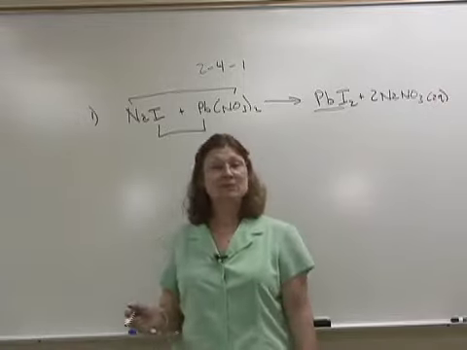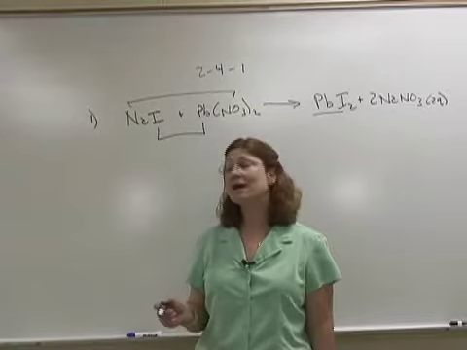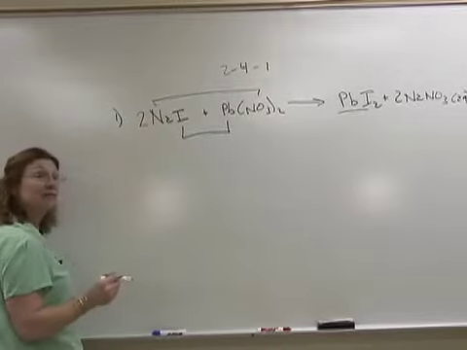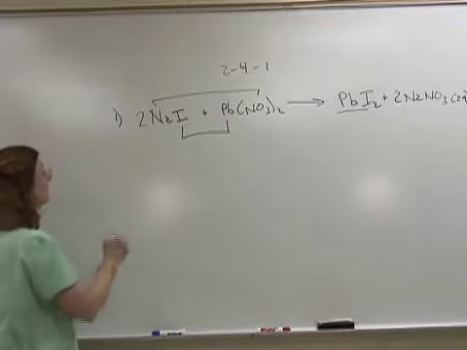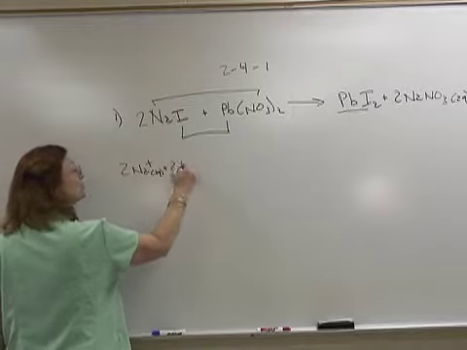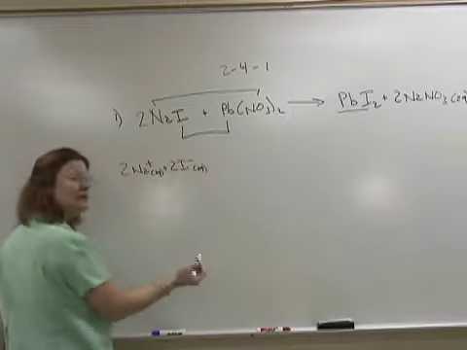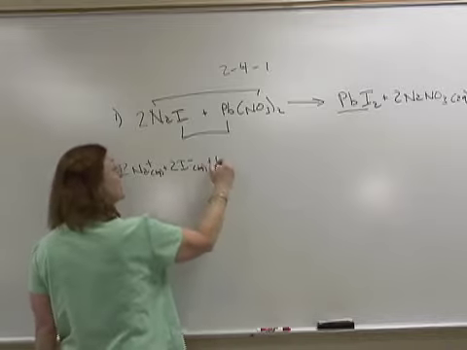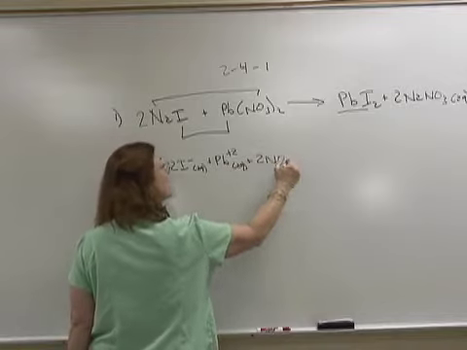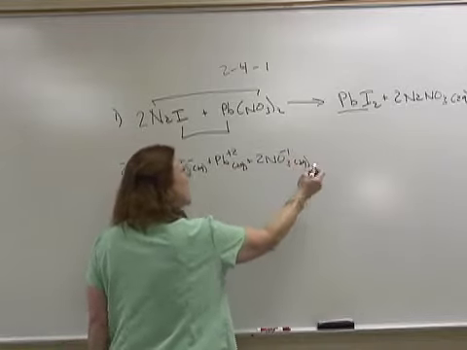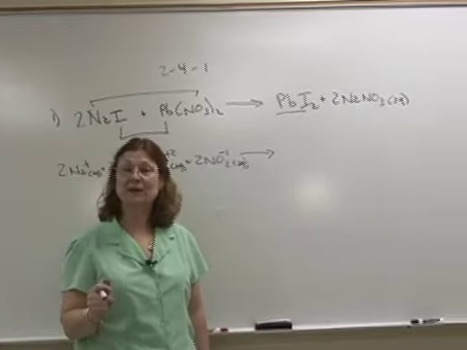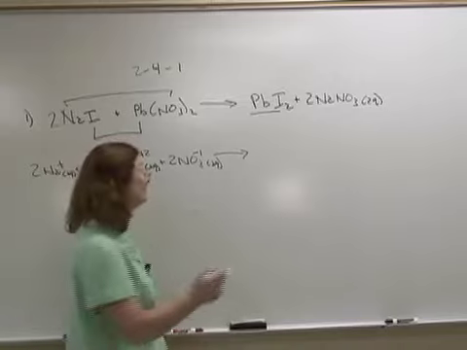Now, everything that is aqueous must be separated into its ions. We have to put a coefficient of 2 in front because we have 2 sodiums on both sides. 2 sodium ions, aqueous, plus 2 iodide ions, aqueous, plus lead ions, aqueous, plus 2 nitrate ions, aqueous, and I cannot have a solid separate because it has to stay together if it's a solid.